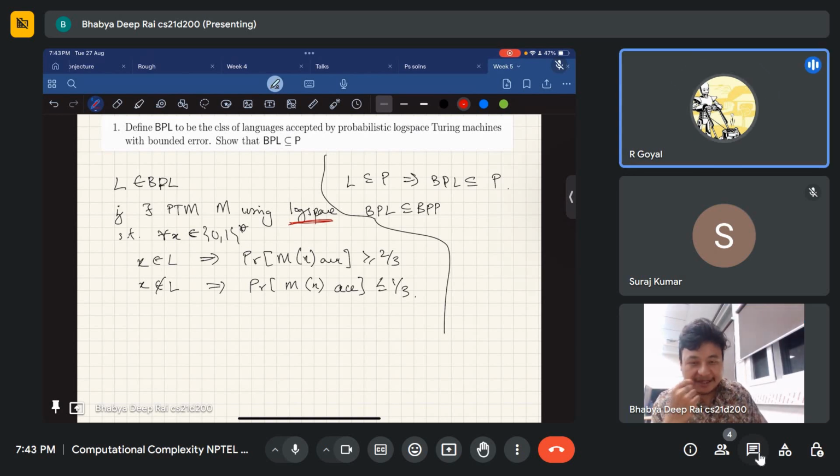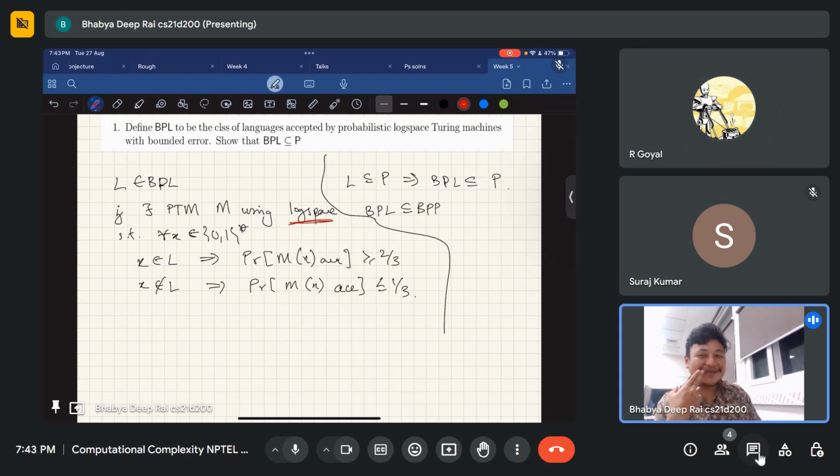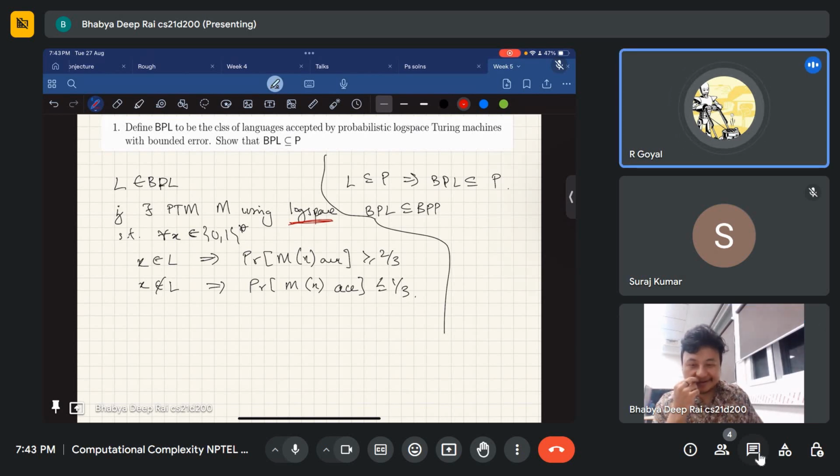The thought here is that since this probabilistic Turing machine is occupying log space only, something is hidden in the use of this log space. Log space is somehow important. Because of this log space, there won't be any chance of error. I'll have to verify how restricting the use of log space will make the possibility of committing errors equal to 0.